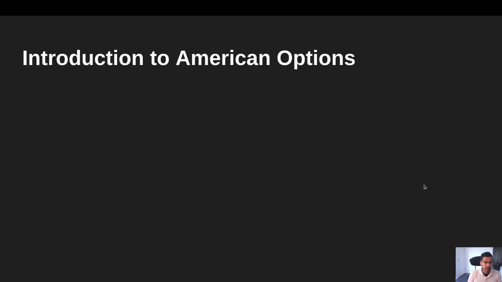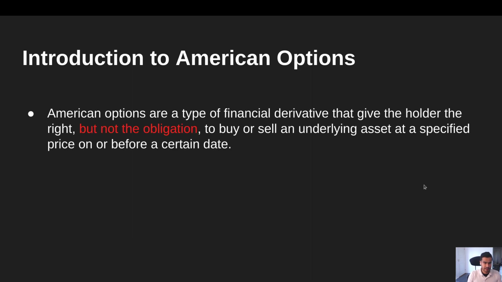A little bit of introduction: American options are a type of financial derivative that give the holder the right, but not the obligation, to buy or sell the underlying asset at a specific price on or before a certain date.